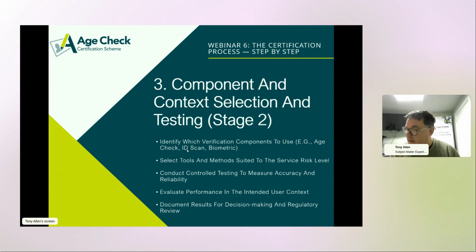And all of this is against the 5 core characteristics in 27566, which are the functionality of the system, the performance of it, the privacy controls, the security controls, and the acceptability controls. They're all laid out in the standard.